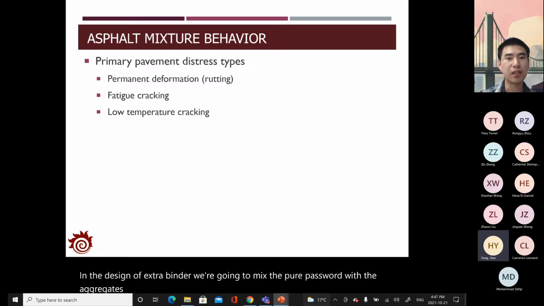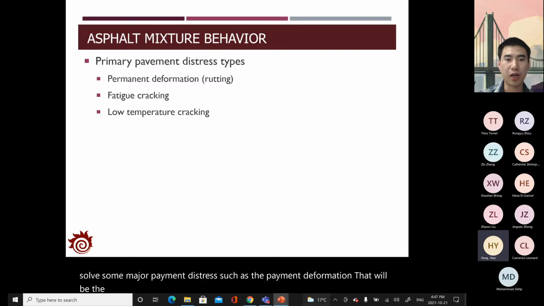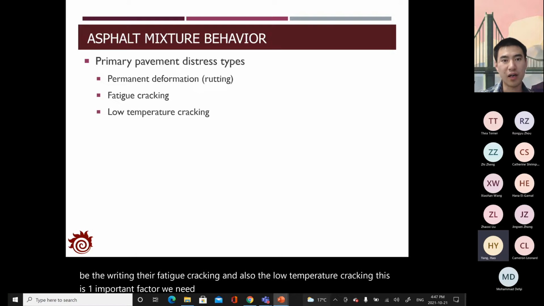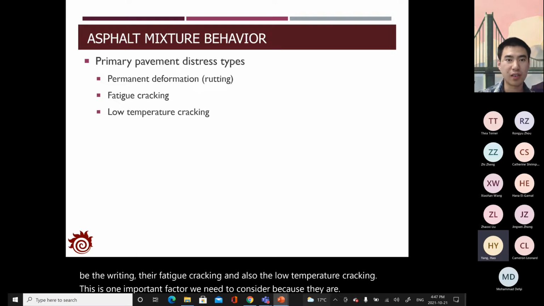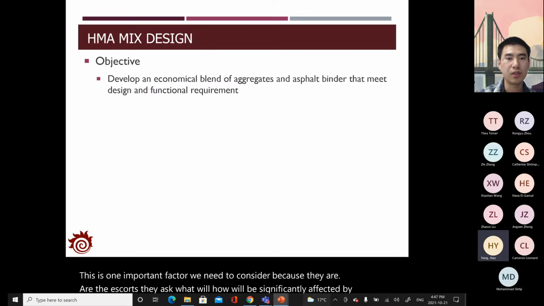This kind of asphalt mixture needs to be designed to solve some major pavement distresses, such as pavement deformation, that is rutting, the fatigue cracking, and also the low temperature cracking. This is one important factor we need to consider because the asphalt will be significantly affected by the temperature.